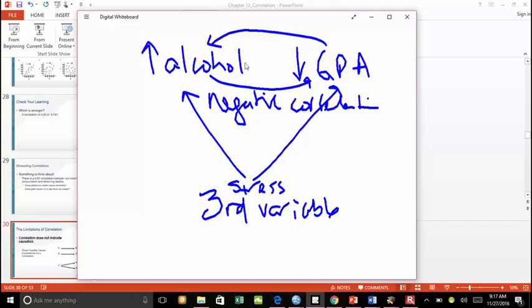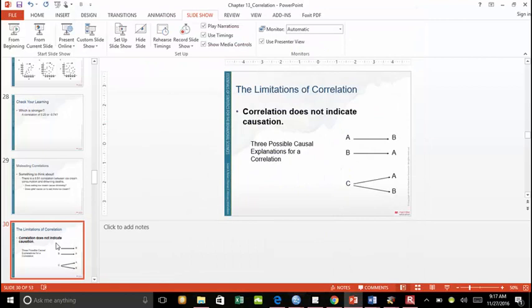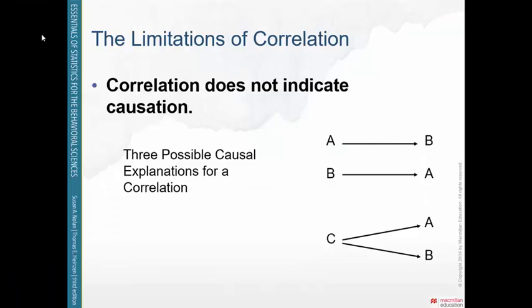And so there isn't actually a causal relationship between these two variables. But there's some third variable that we didn't study that's actually responsible for the relationship that we found, right? Stress, depression, could be another one.